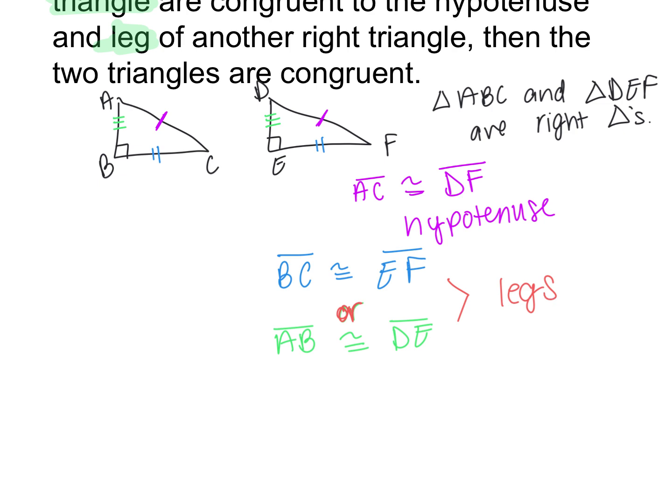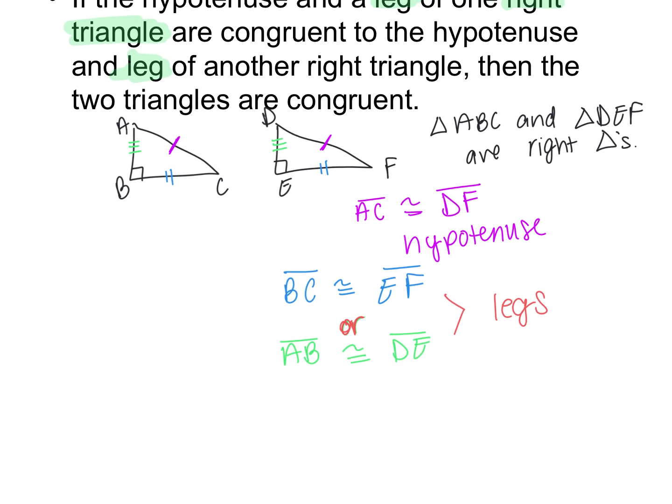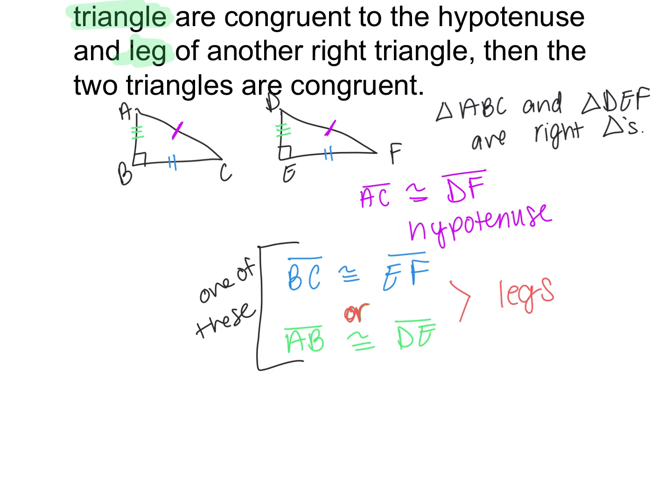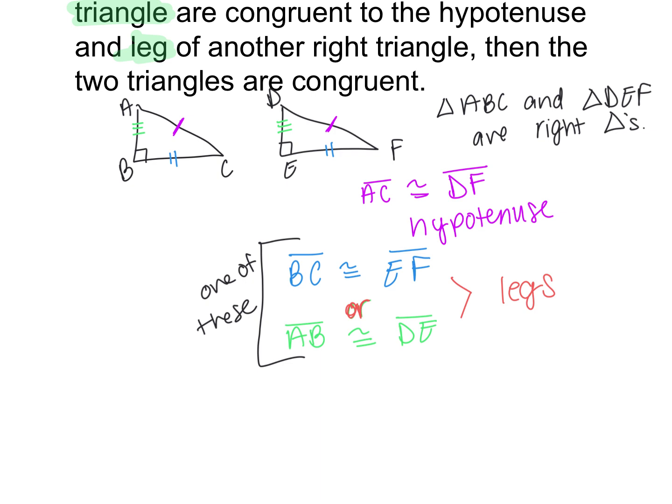In order for it to be hypotenuse leg, I only need one of these to be stated. And I'm going to show you an example where it only has two legs or two sides that are stated. Okay, so looking at this, I only necessarily need one leg as long as they're already telling me it's a right triangle. And I know this sounds confusing, but looking at the example on the next one, I'm going to go over it.